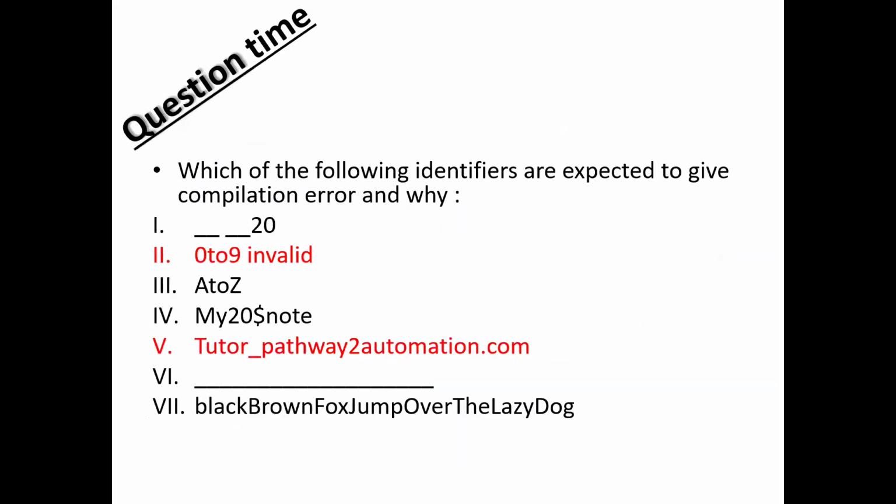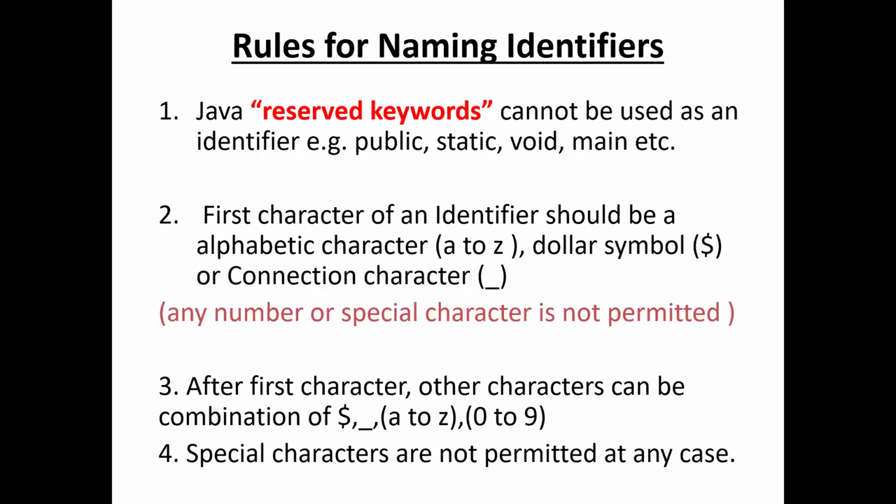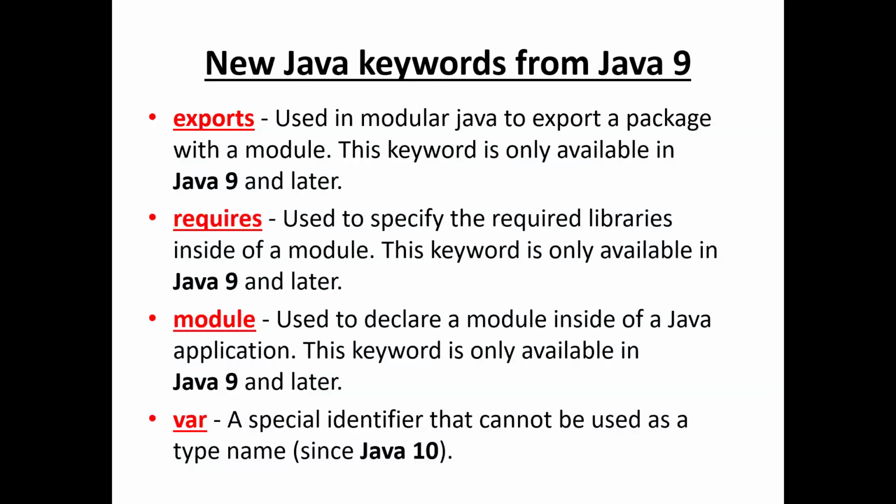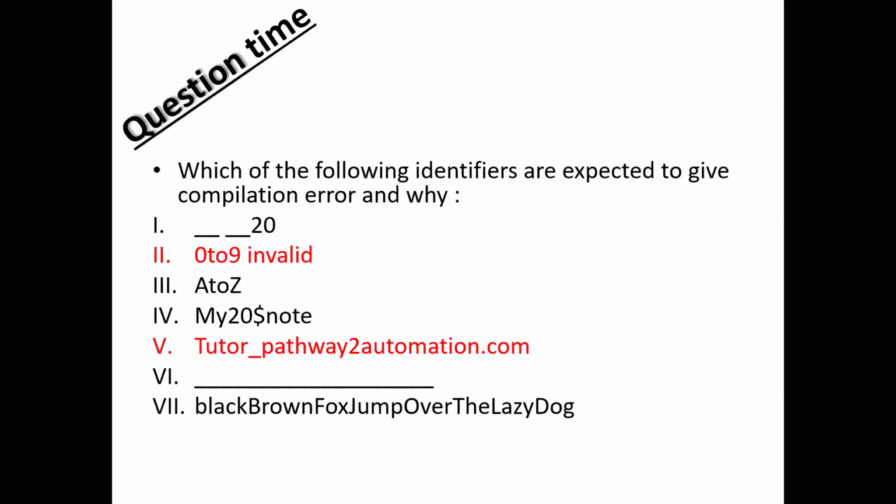Number 4, my $20 notes. Is it valid or invalid? It's valid. The first character of an identifier should be an alphabetic character A to Z, and capital or small letter does not matter.